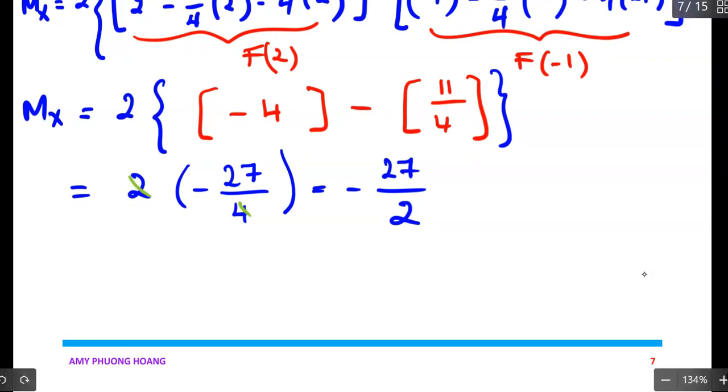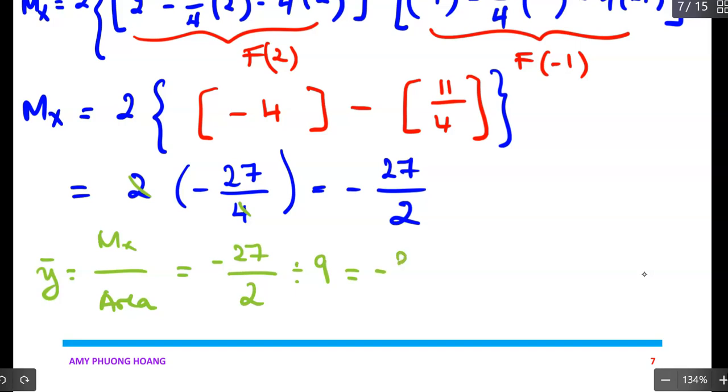So now you should have y bar equal to Mx divided by the area. So Mx is negative 27 over 2. You divide it by 9, right? So it's negative 27 over 2 times 1 over 9. So I should have negative 3 over 2.